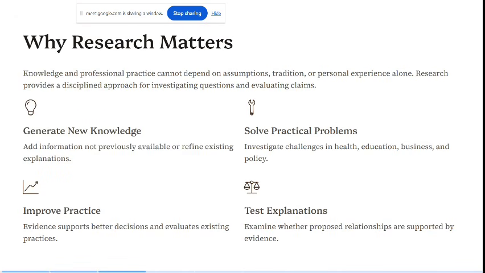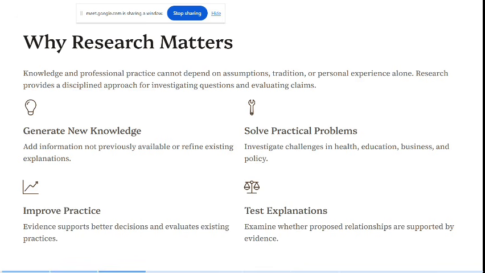So let's talk about why research matters. Knowledge and professional practice cannot depend on assumption, so most of the time we need to consider some points of view. We cannot do research based on traditions or personal experience alone. Research provides a disciplined approach for investigating questions and evaluating claims.